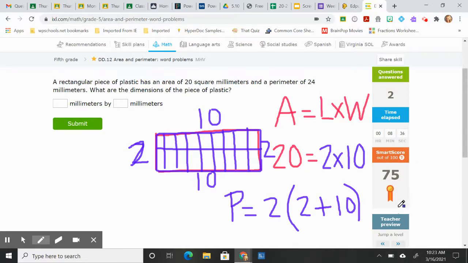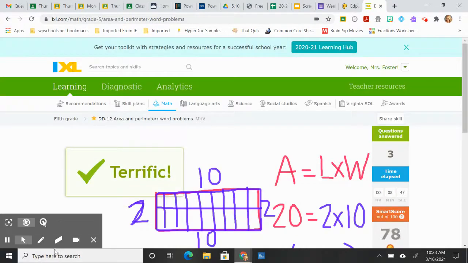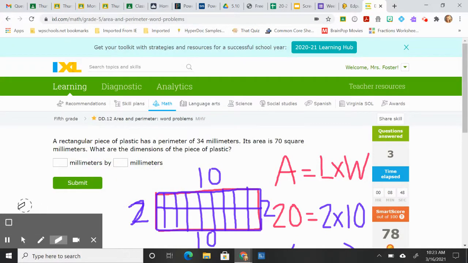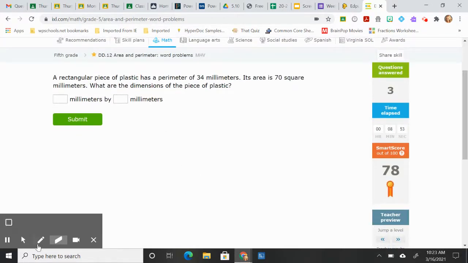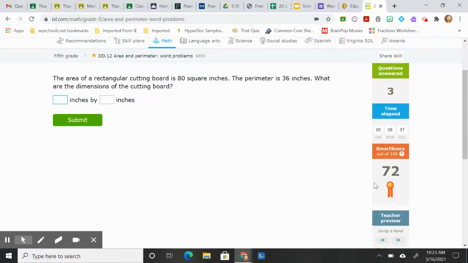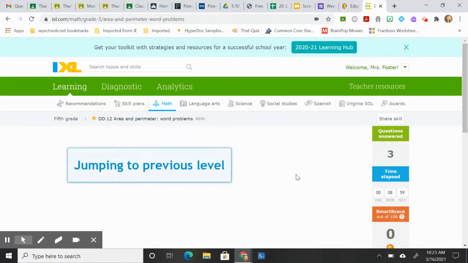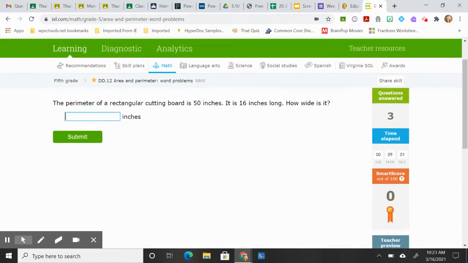So my dimensions would be 2 and 10. Okay, 2 and 10. All right, I'm going to do one more. And I'm going to go back a little ways because there is another example on here that I want to look at.